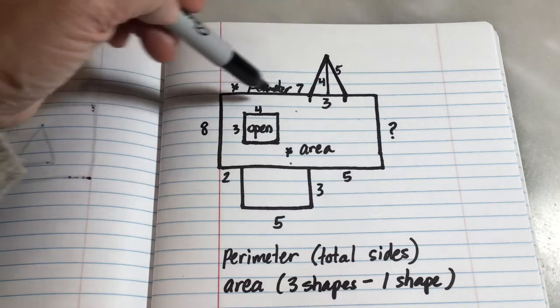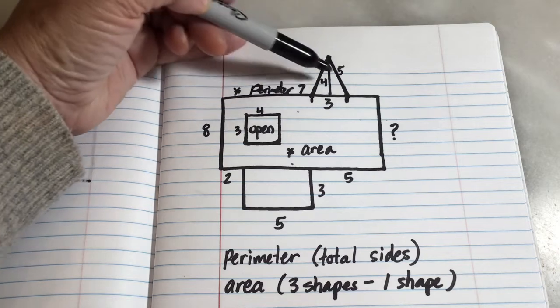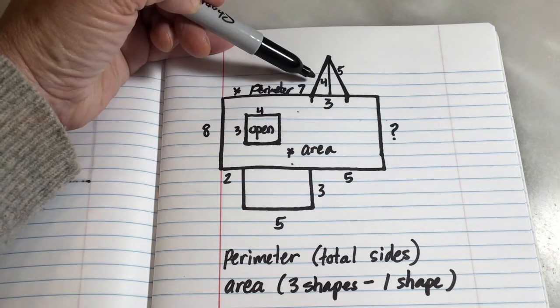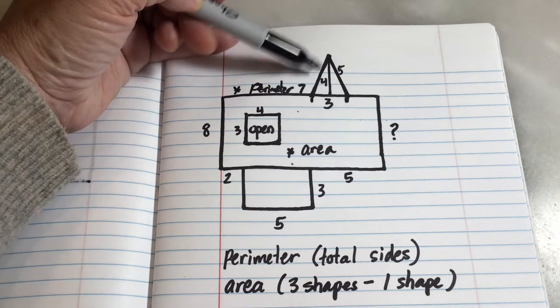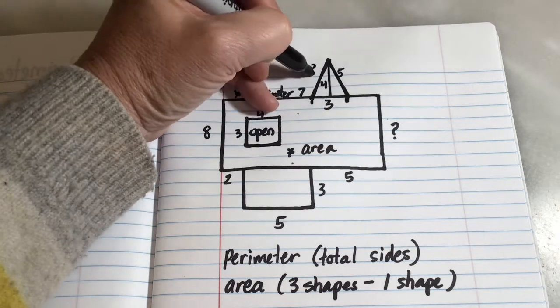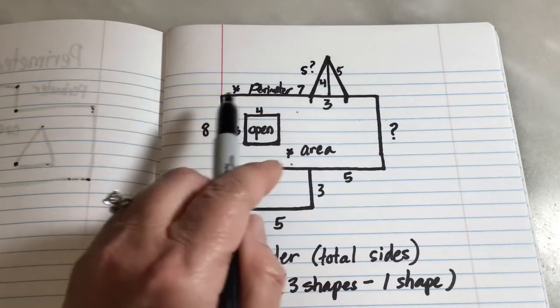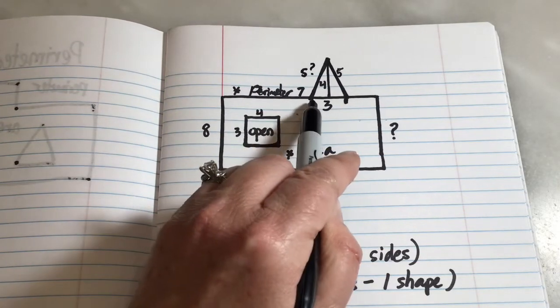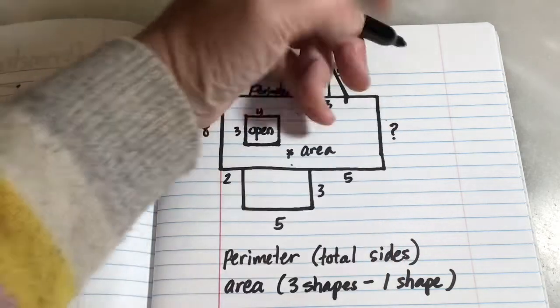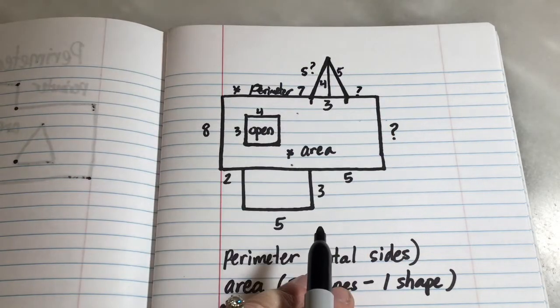We have this one. It's a 7. We don't have this side, but it's on the opposite of this. And this is an isosceles triangle. So if that's 5, we can also assume that this one is 5. Now, again, we have this 7 and this 3, but we don't have this amount of that piece.